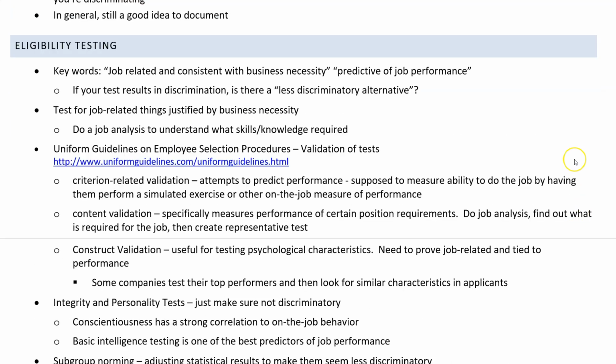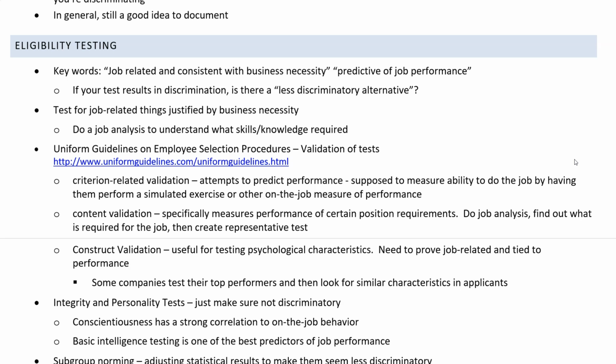So let's switch to eligibility testing. We're just continuing this whole process of recruiting people, having people apply, doing interviews, doing background checks, things like this. And part of that might be doing some eligibility testing as well. There can be all sorts of eligibility tests that companies can use.